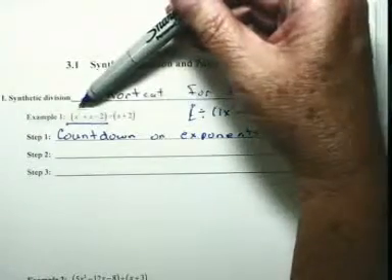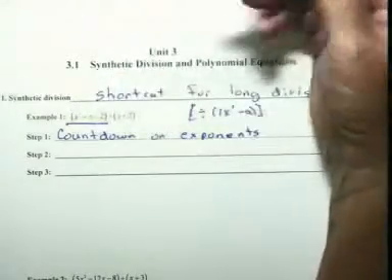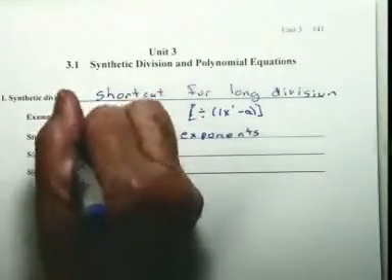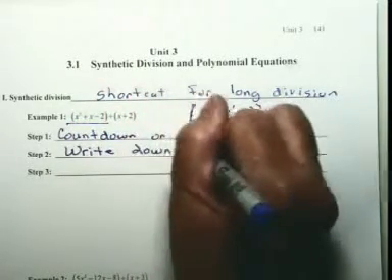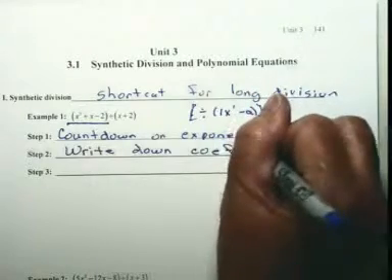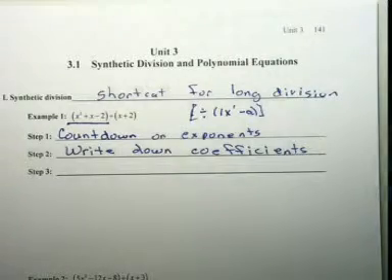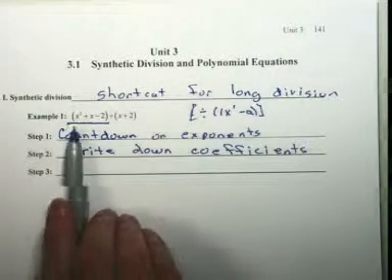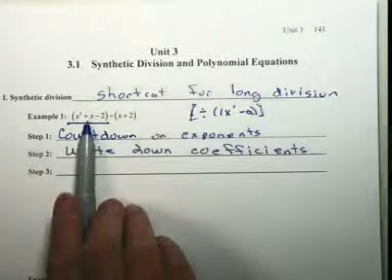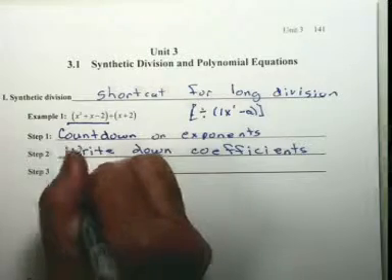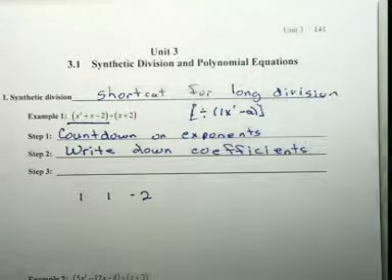We do a countdown on exponents to make sure it's in the right order, and then we only write down the coefficients. I've already done a countdown, 2, 1, 0. The coefficients are understood to be 1x squared, 1x, and a minus 2, so I'm just going to write down 1, 1, minus 2. We're only going to write down the coefficients.